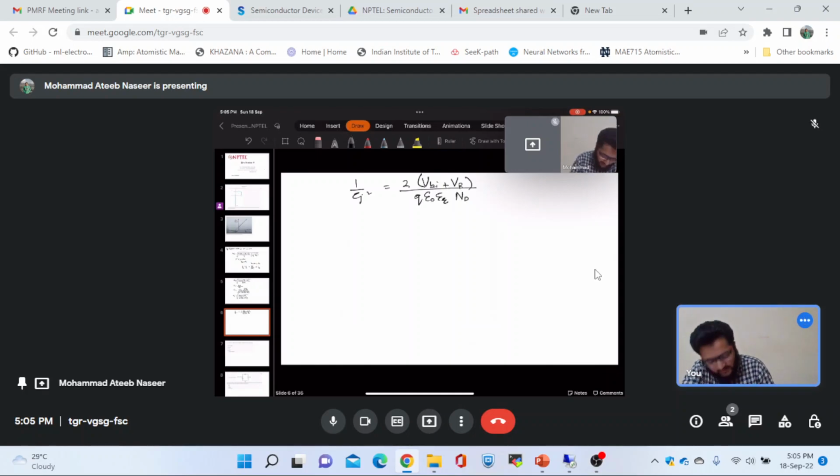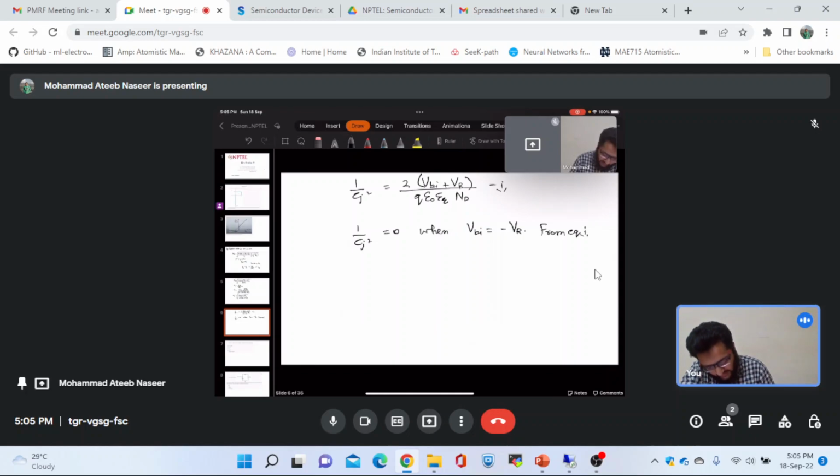Now this 1 by Cj square will be equal to 0 when VBI is equal to minus VR, from this first equation.